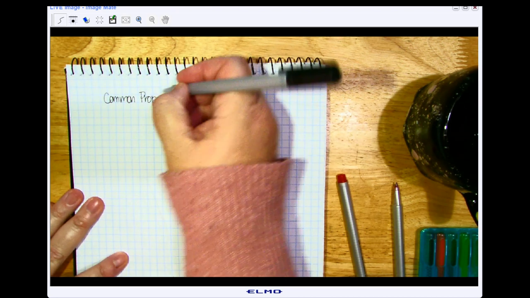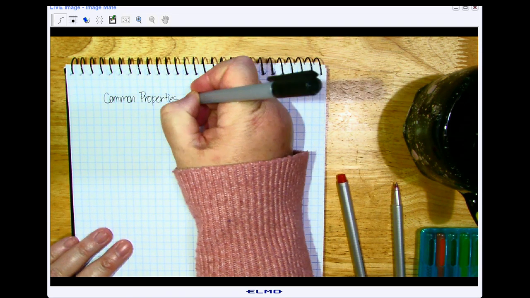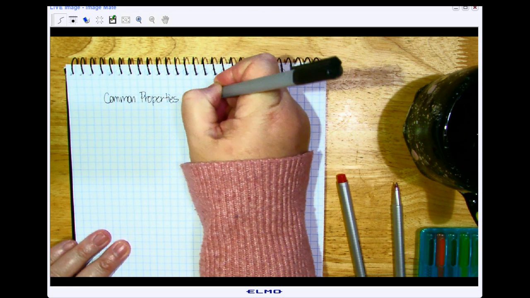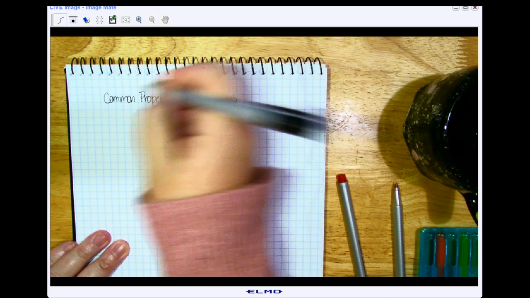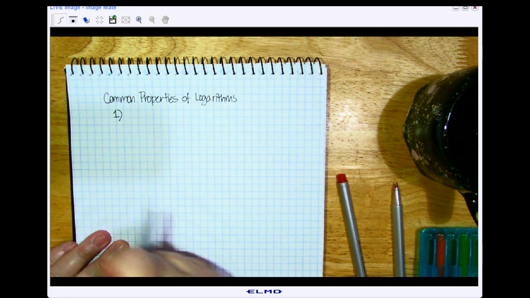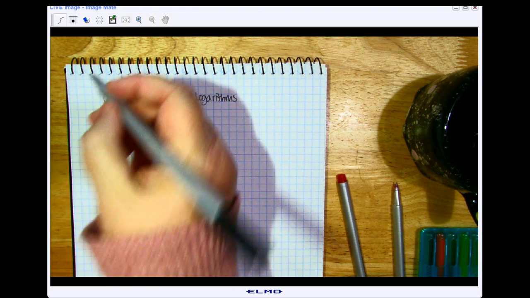All right, so some common properties of logarithms. Some things we all have to agree on.